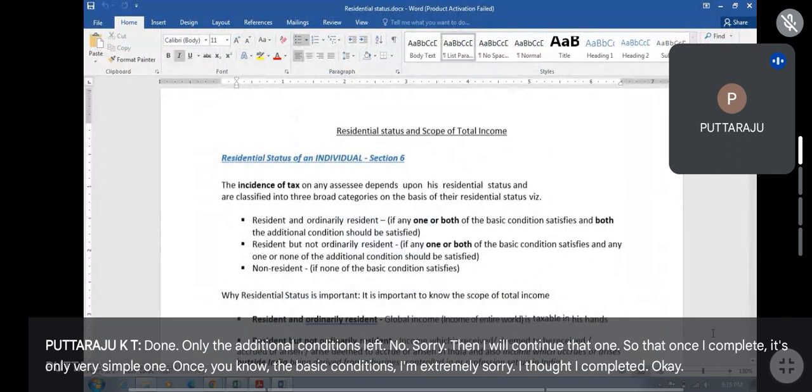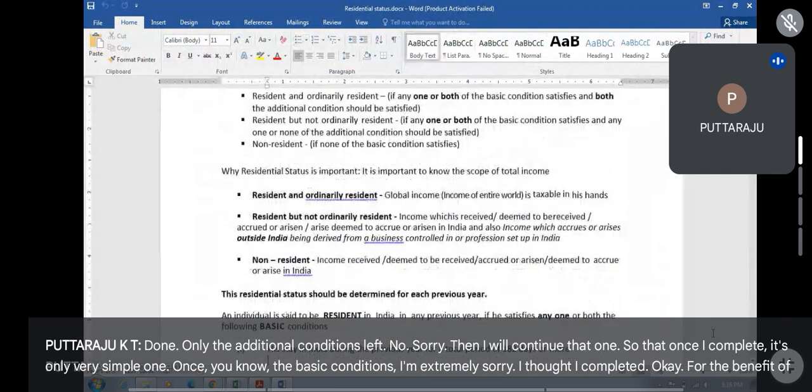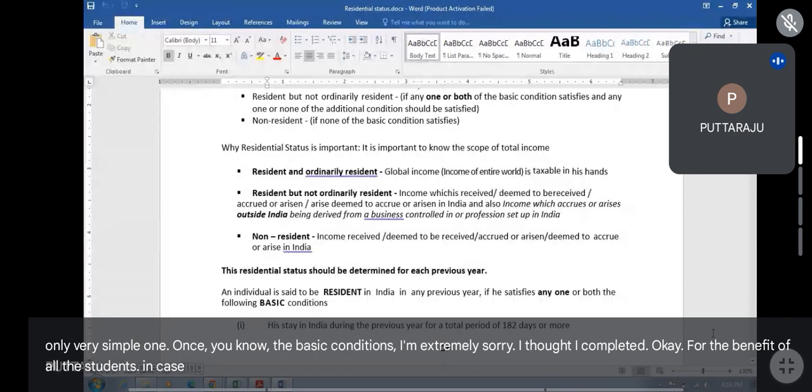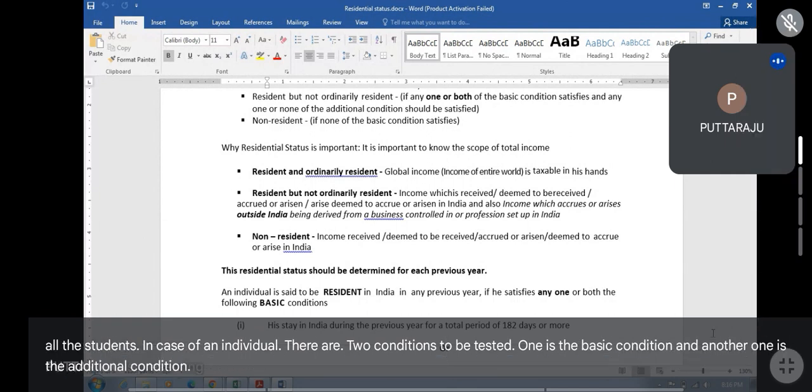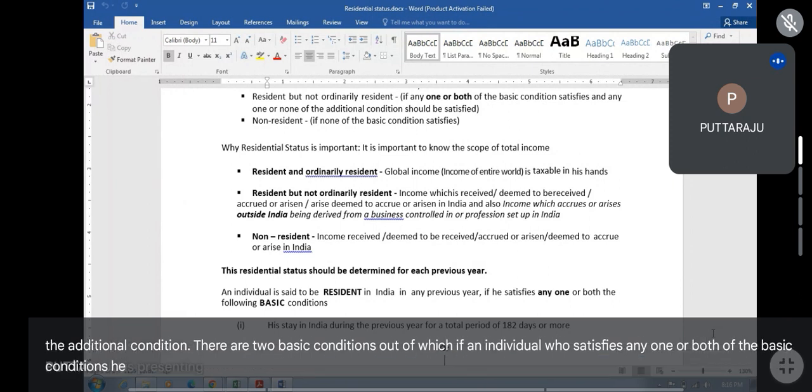For the benefit of all the students, in case of an individual, there are 2 conditions to be tested. One is the basic condition and another one is the additional condition. There are 2 basic conditions, out of which if an individual satisfies any one or both of the basic conditions, he becomes resident. If an individual doesn't satisfy any of the basic conditions, he or she will become non-resident.